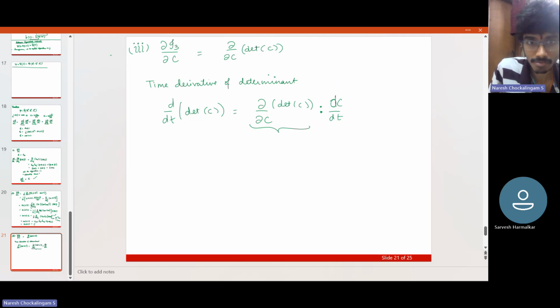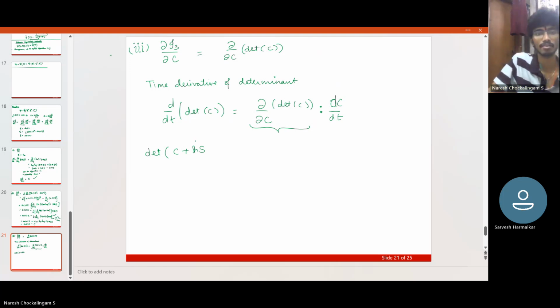Now suppose we are interested in the determinant of C plus something. It's like we are in a small time instance. Say you go from t to t plus delta t. How does C change? That's what it means. So you go from C to C plus h times S, where S is any tensor.